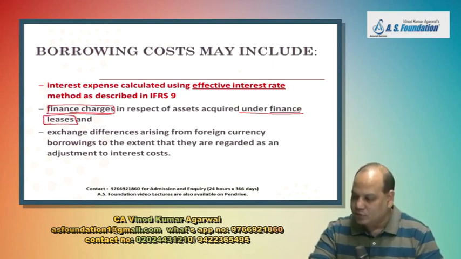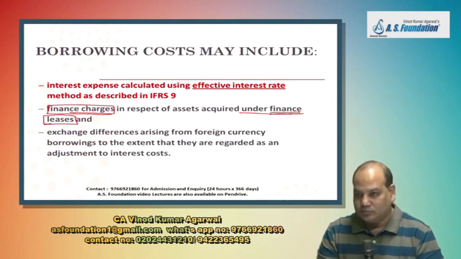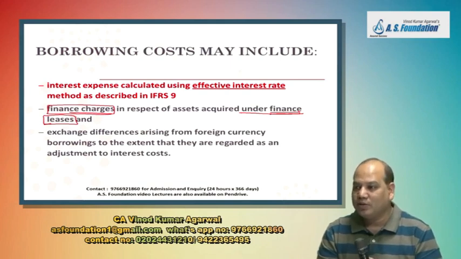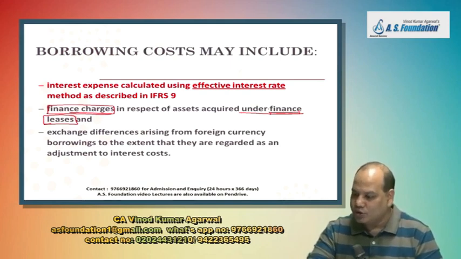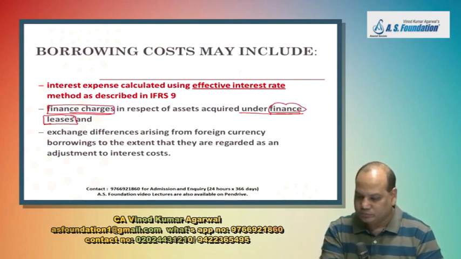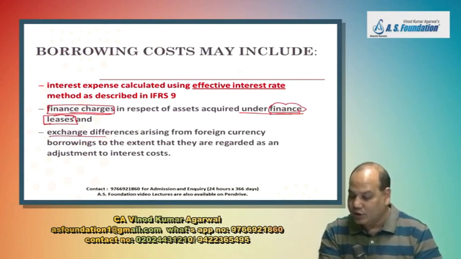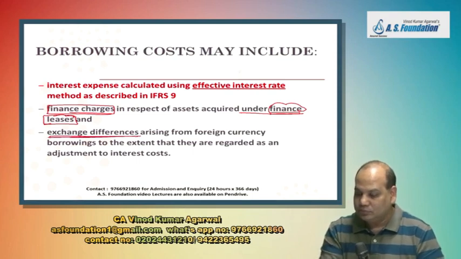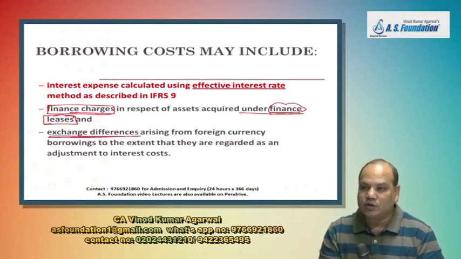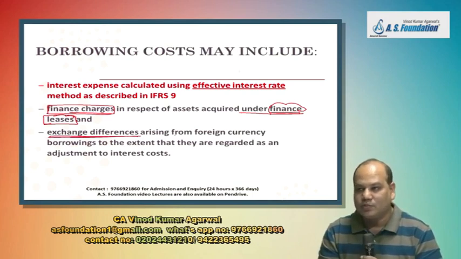About finance lease, you will study in another standard. That is basically, these are long-term leases where the installment paid to the lessor is not like rental, but more like a bank installment, which includes some interest portion. And the third is exchange difference arising from foreign currency borrowing, to the extent they are regarded as an adjustment to interest cost.